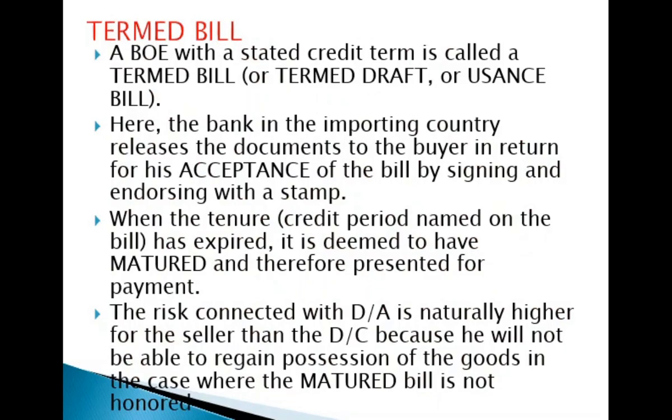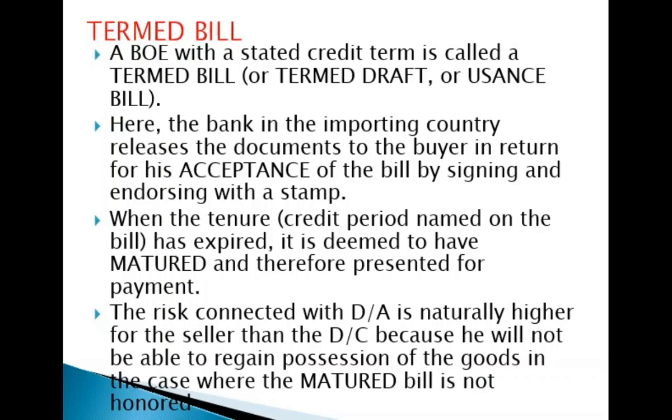A bill of exchange with a stated credit term is what we call a termed bill, or it could also be called termed draft or usance bill. There are three names here. Any of them is accepted.